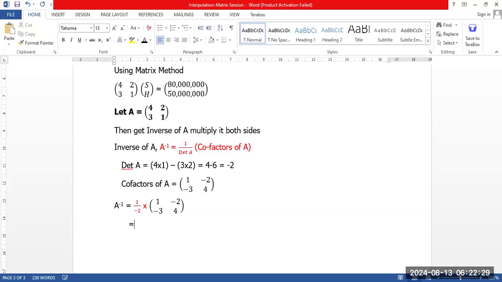Once you reach this step, you put what you have outside the bracket.